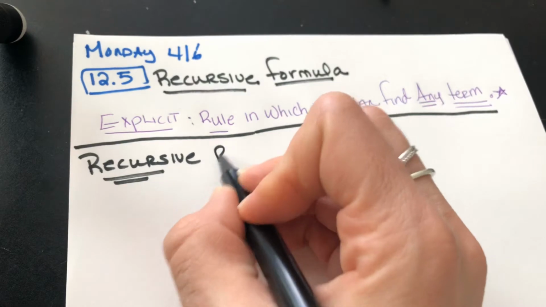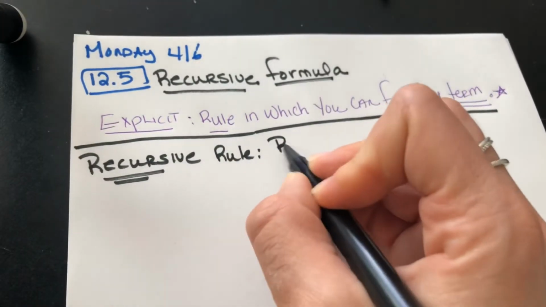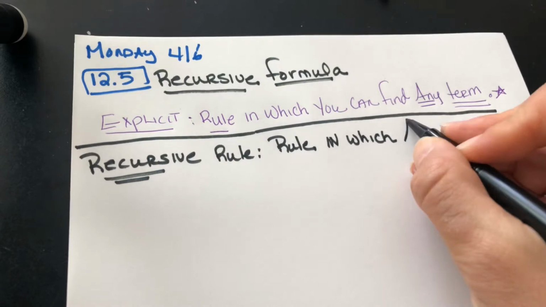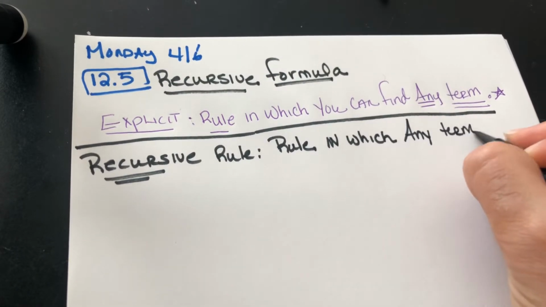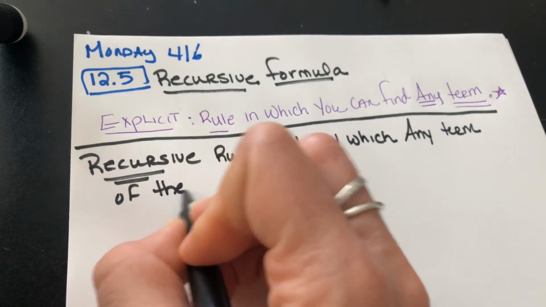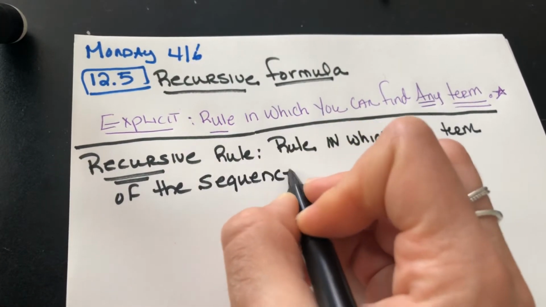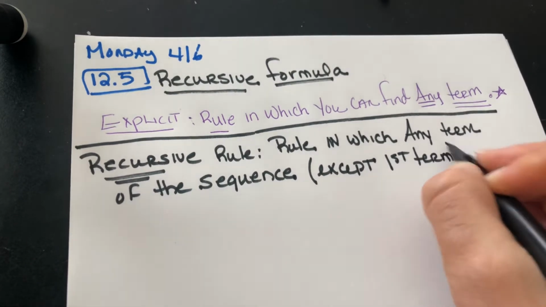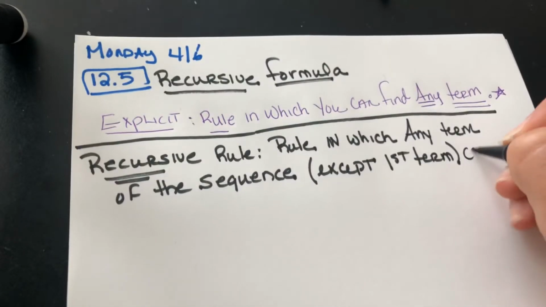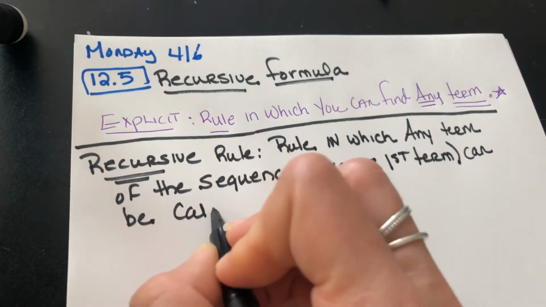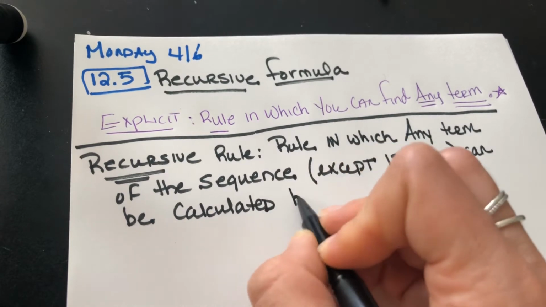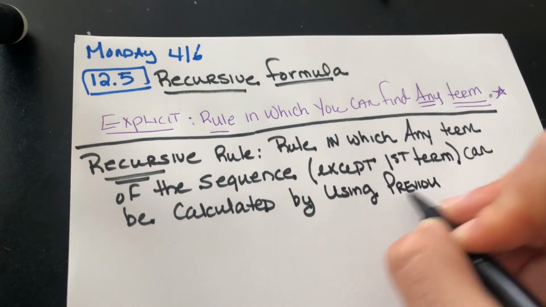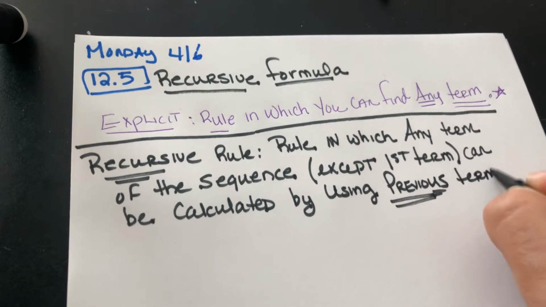So what the recursive rule states is it is a rule in which any term of the sequence, except the first, can be calculated, we could say found, by using the previous term. So this is big. This is something different than what the explicit.